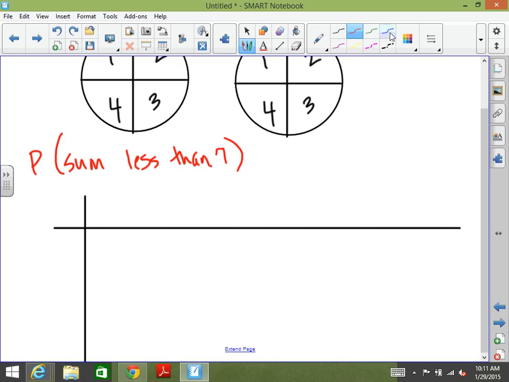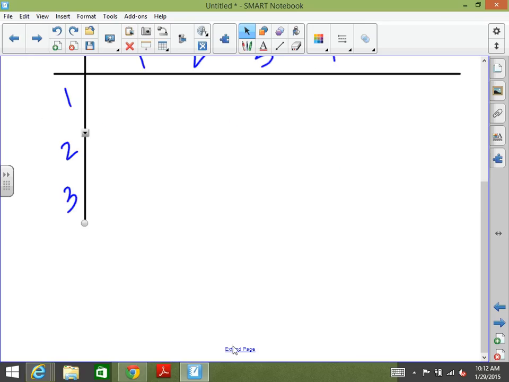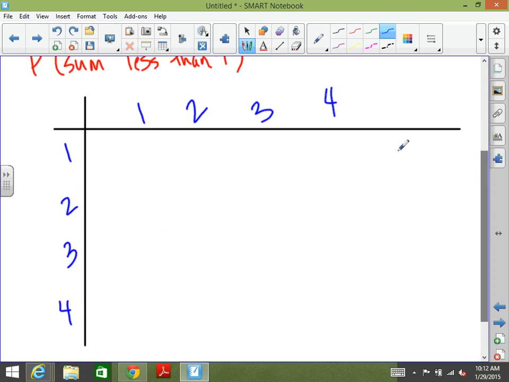Alright, so we're going to draw our chart. On the first line, we're going to put what numbers? 1 through 4. The second one, 1 through 4. Alright, and we're adding.